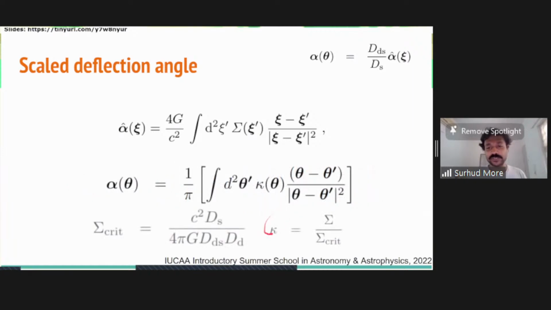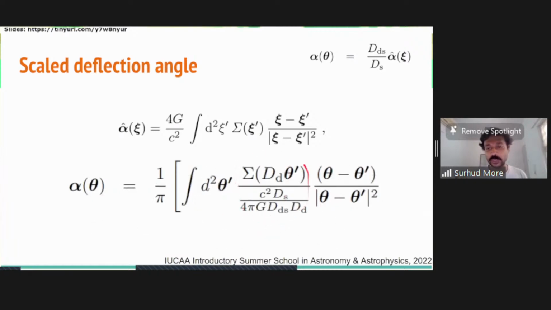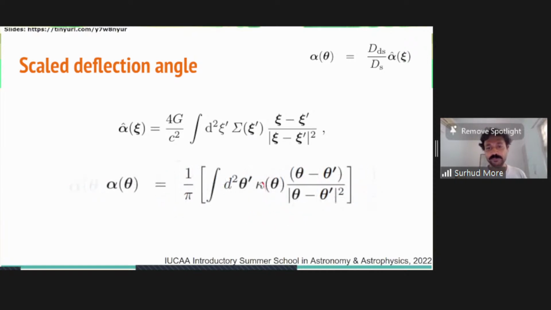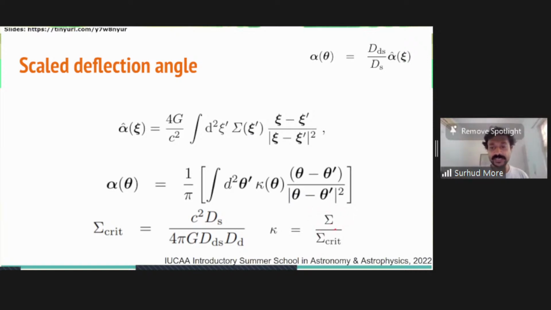And this quantity here, I will call kappa. This is just defined as kappa. This kappa is called the convergence, and it is given by the surface density divided by the other surface density, which is called the critical surface density. So this is the physical surface density in the plane of the lens.